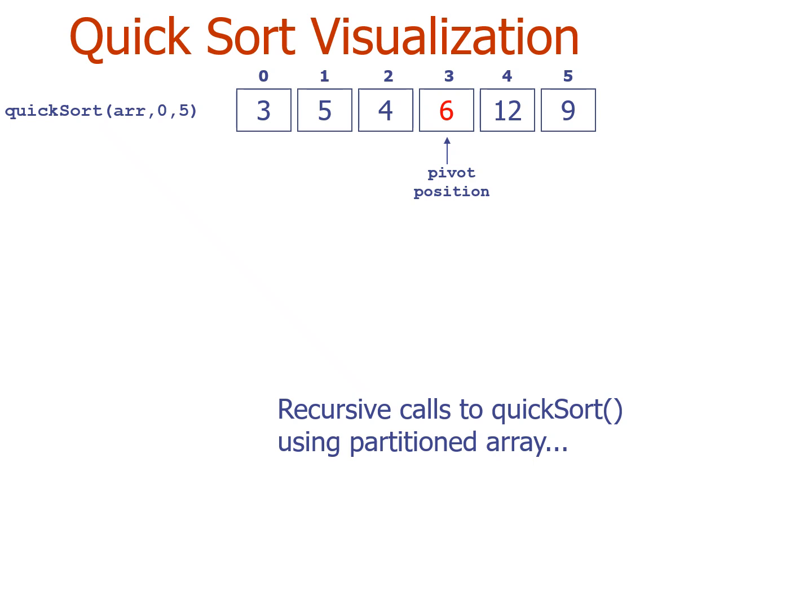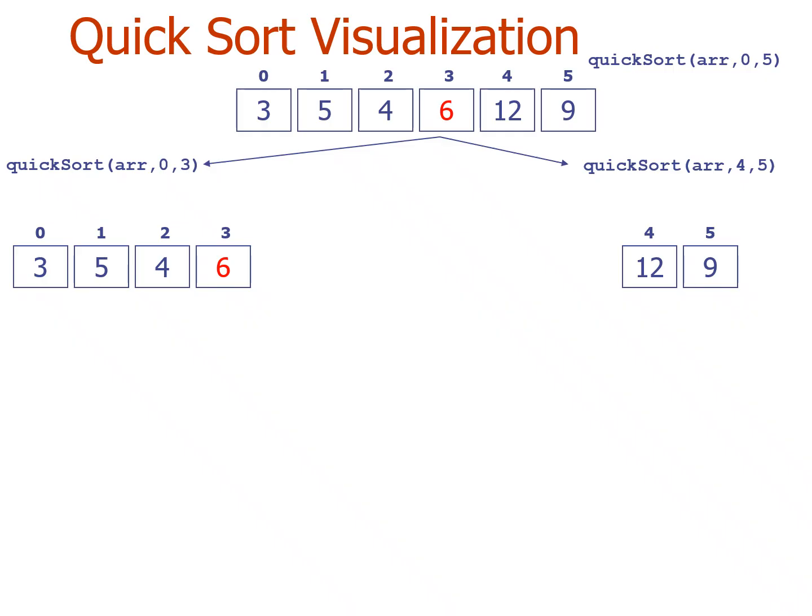That's why we need the pivot position from the previous run, so we know when we call quicksort what the indices to work with are. 6 now is in the right location, so we're going to work on indices from 0 to 2 and indices from 4 to 5 in another call. And that's what this is showing.